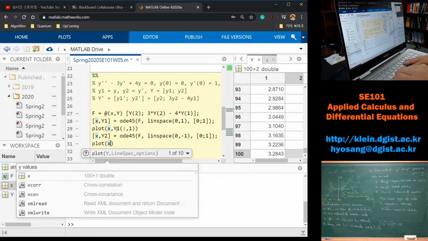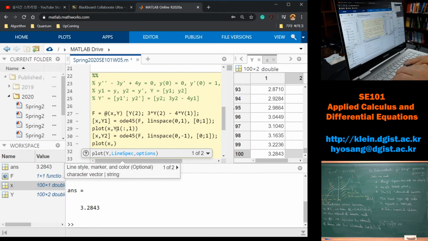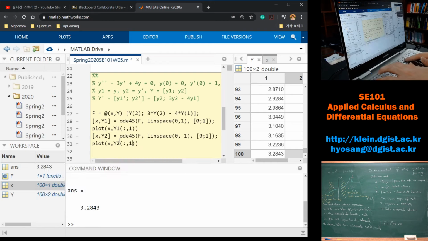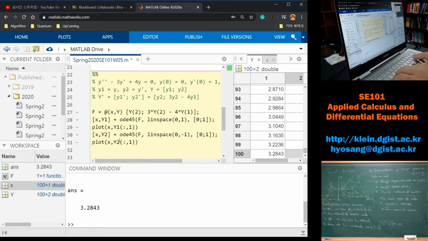So when I do that, I do the same thing, this y2 plot. Now, be careful that when I try to draw two plots in the same figure, I have to keep my first plot and then draw the second plot above it.